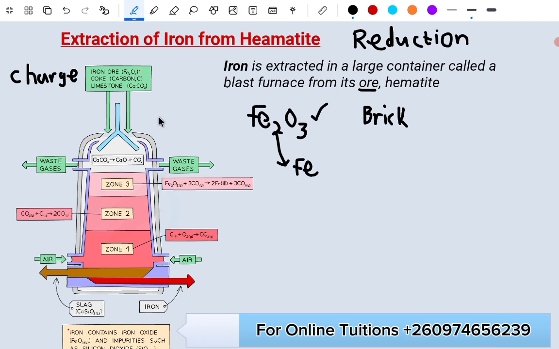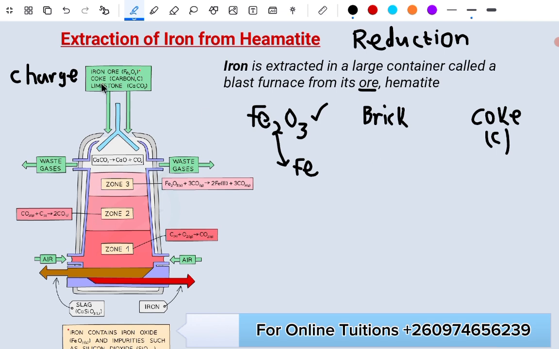We also add coke, which is simply carbon.